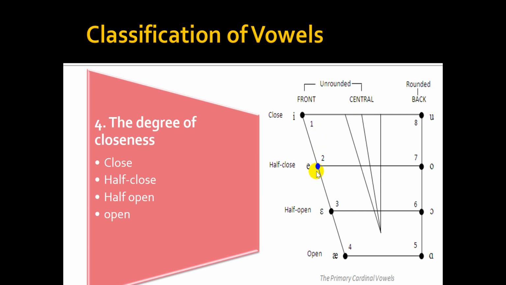And then, for example, if you want to produce sound "a", you can see that the distance between the upper part and the lower part of the mouth is getting bigger. If you want to produce another sound, it's even more than that. The upper part and the lower part of the mouth is very open.